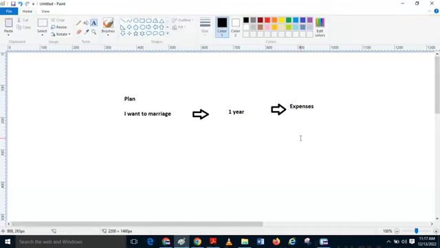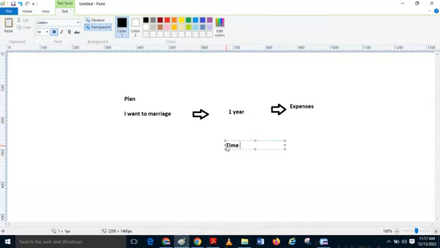Nowadays nothing can be done without money. If I say I want to do marriage after a year, do I have a budget for that? At least 10 to 15 lakhs. Do I have a plan? Do I have savings? This thing should be there.